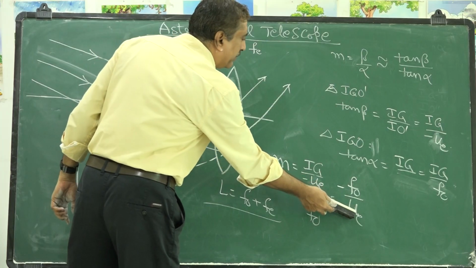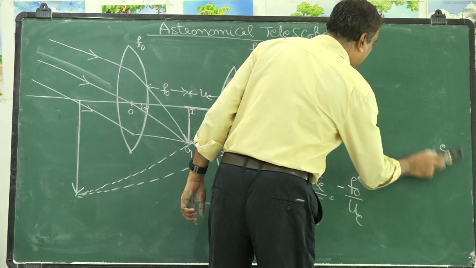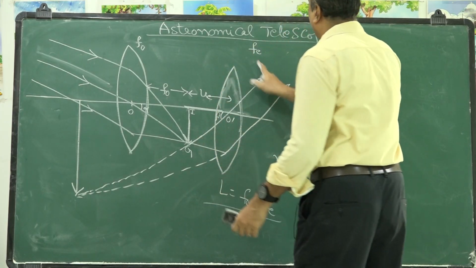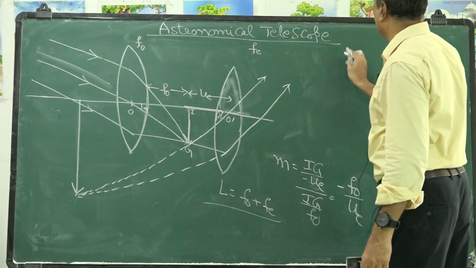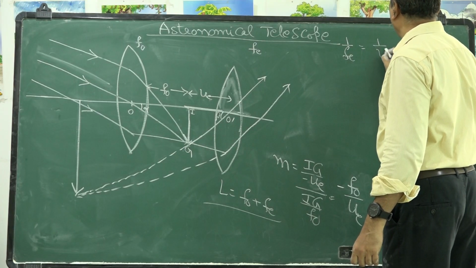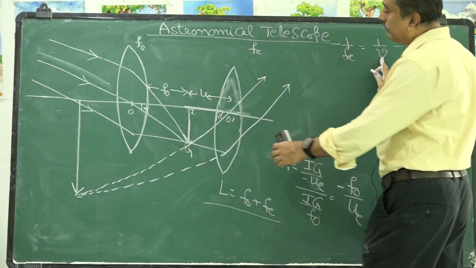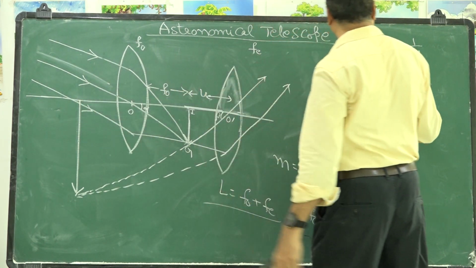Now, we can express this UE in terms of the focal length. FE is the focal length of this eyepiece. So, 1 by FE is equal to 1 by V minus 1 by U. Here V is the least distance of distinct vision.